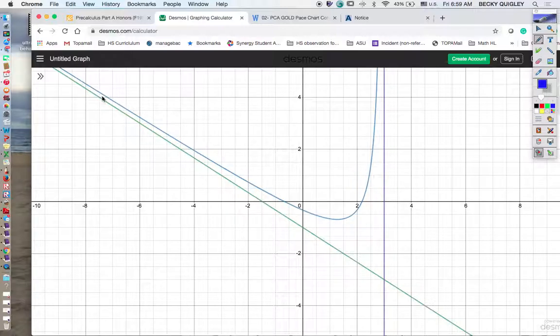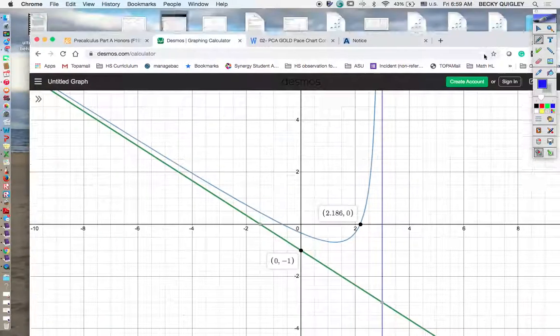It's getting very close to this line here. It's passing through our x-intercepts exactly the way we expected.